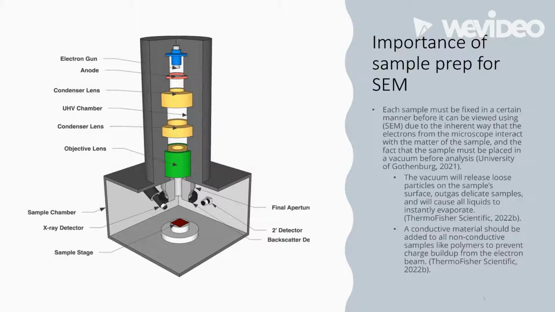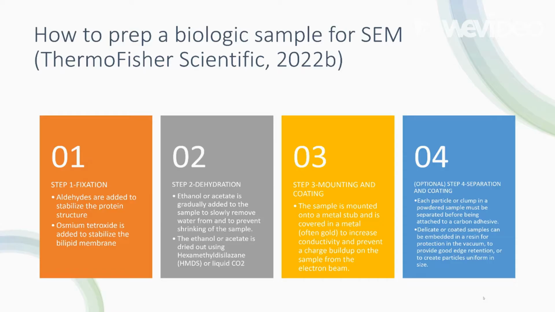The University of Gothenburg has a really good article about how to prep sample analysis, and the Thermo Fisher Scientific page describes very specifically how to prepare samples for analysis using their SEM.